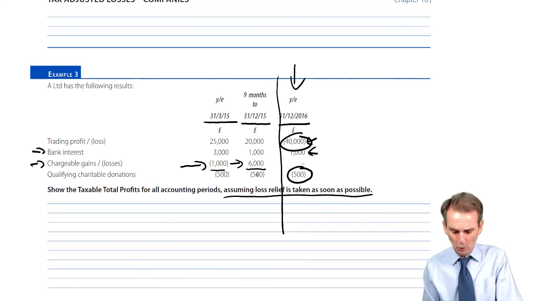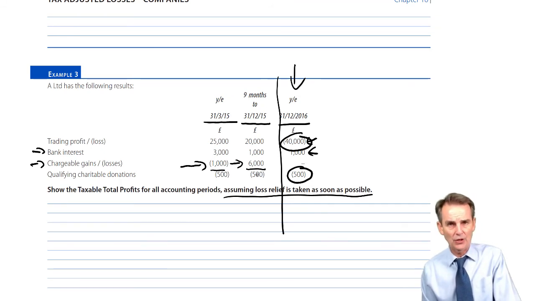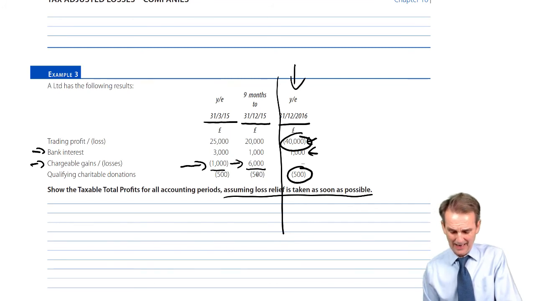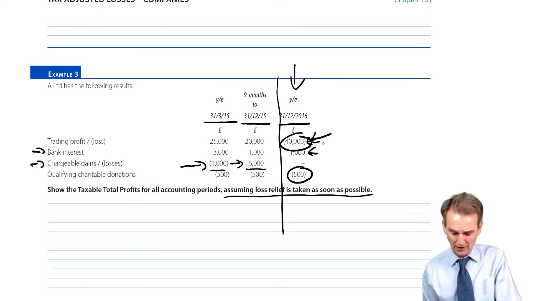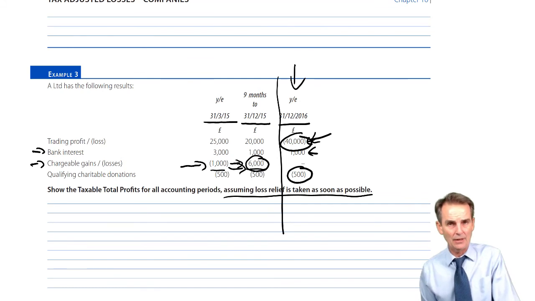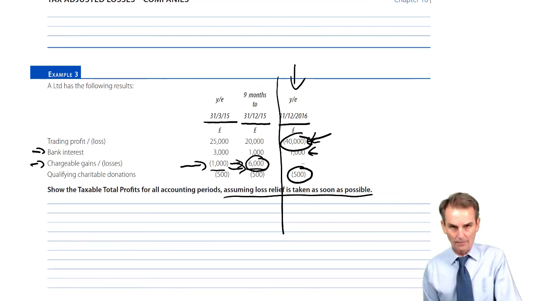If you've got more than one loss within the example, such as here, always deal with the first loss first. Again, at the end of the 9 months to December 15, you did not know that the next accounting period would generate that trading loss. What you did know is you made a capital gain of 6,000 and you had a brought forward capital loss of 1,000, which would therefore go against it.